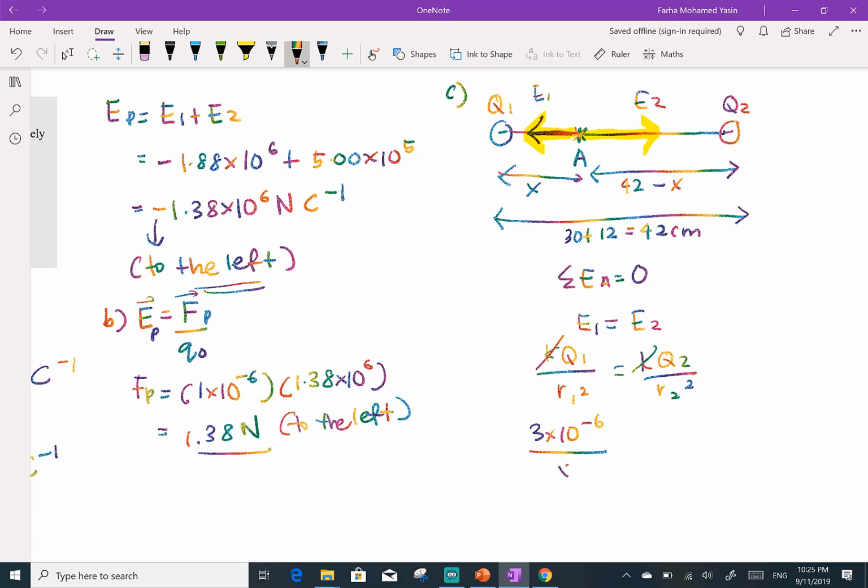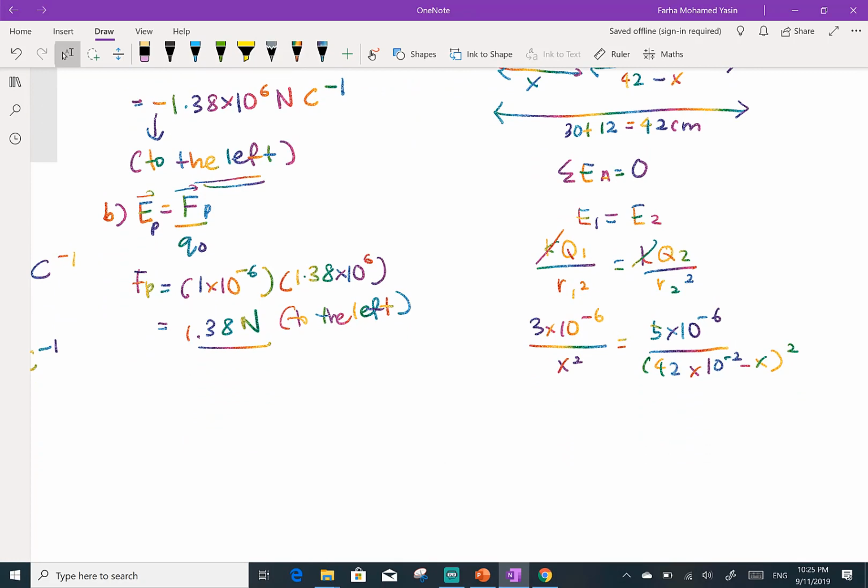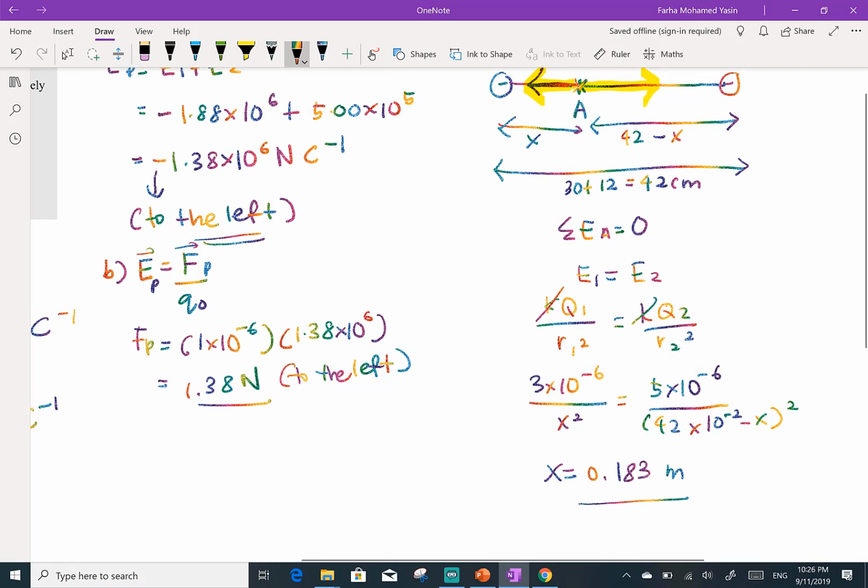R1 square kita gantikan dengan X square, Q2 is 5 power of negative 6, R2 square is 42 minus X square. Okay, so try to calculate. Kita akan terima nilai X equals to 0.183 meter. Okay, so ini adalah jawapan untuk soalan C.